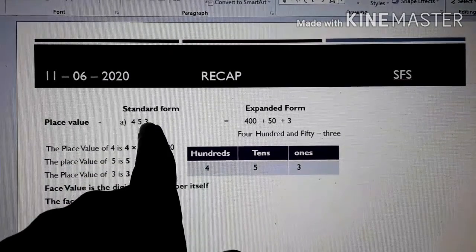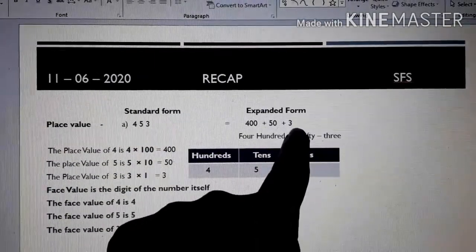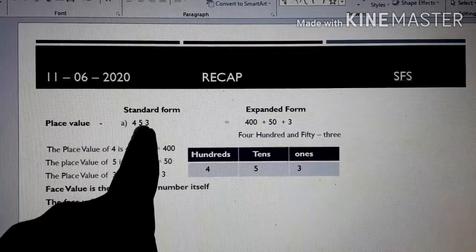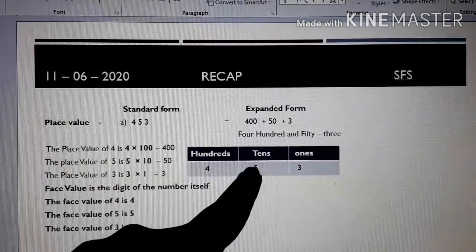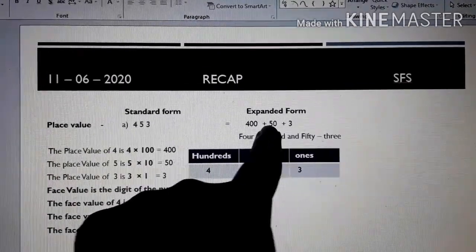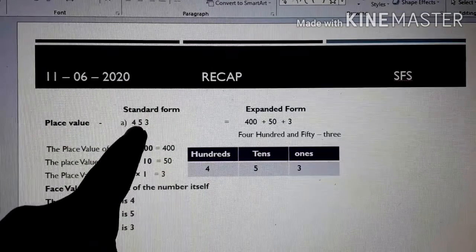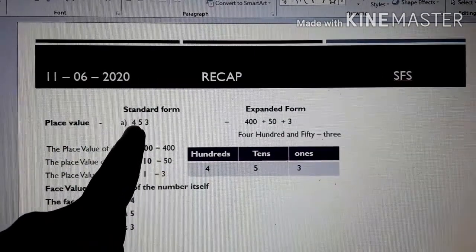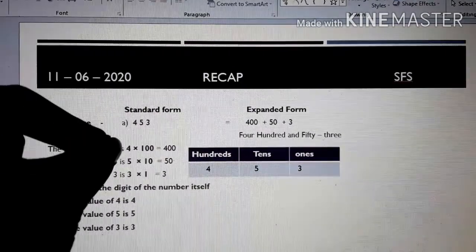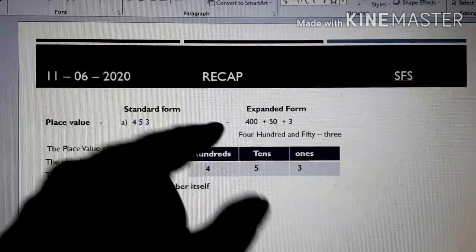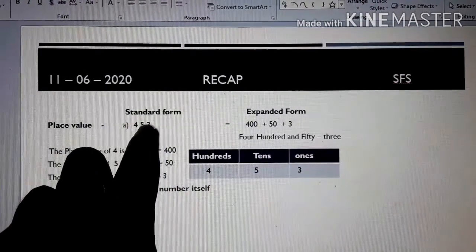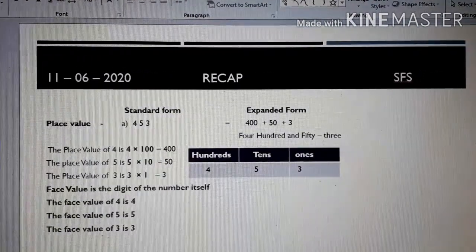Here, 3 is in which place? 1's place. So it is 3. What is the place value of 5? 50, because it is in 10's place, right? So we write it expanded as 50. Then the place value of 4 is what, children? 400, because it is in 100's place. And when we expand the number, we put the plus sign between the numbers.